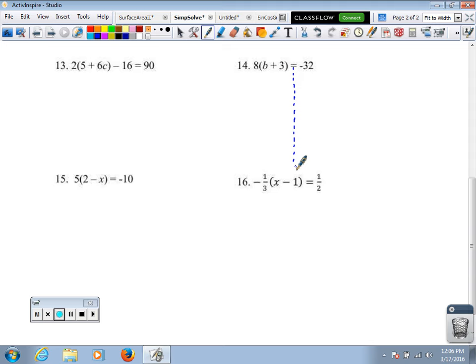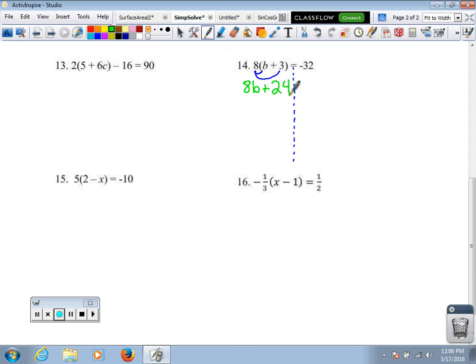Okay, now, Willow, we'll distribute. I have this 8 in front of the quantity. I want to distribute it over that quantity. What will that look like? Very good. 8b plus 24. 8 times b is 8b.